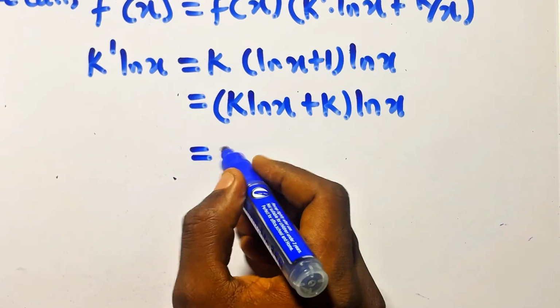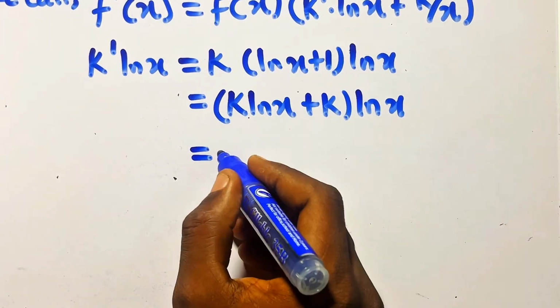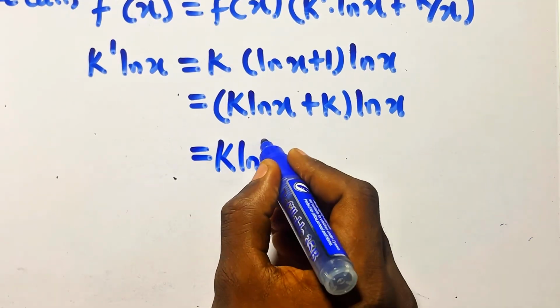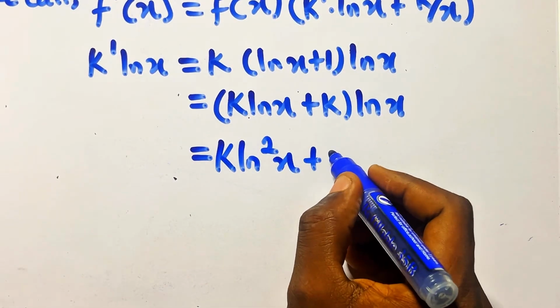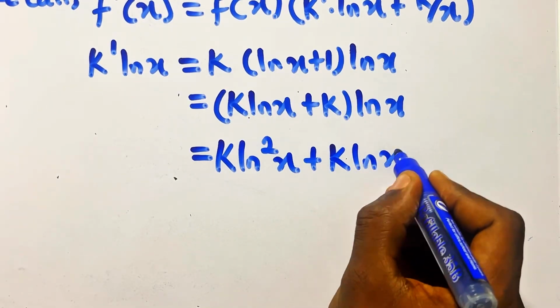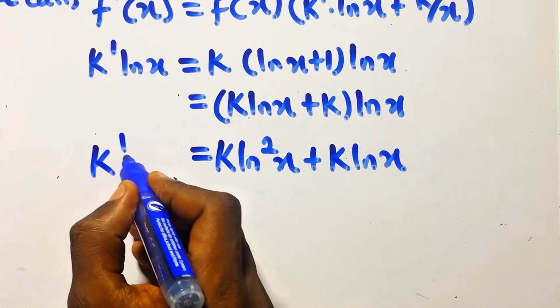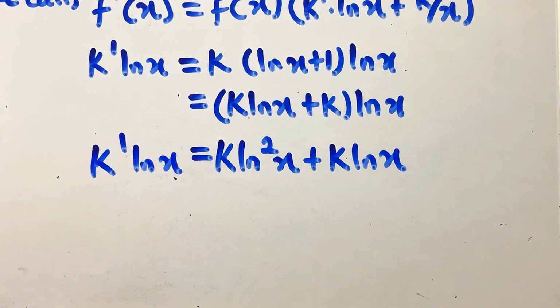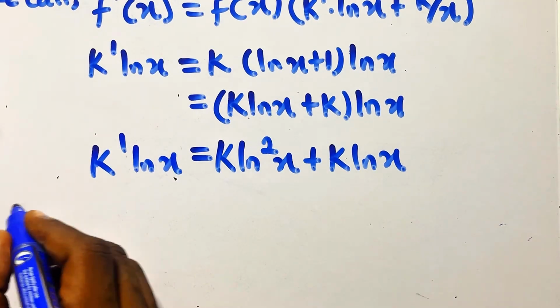From here we have k ln x times ln x, which is k ln square x, plus k times ln x, which is k ln x. That means we've obtained our k prime ln x.